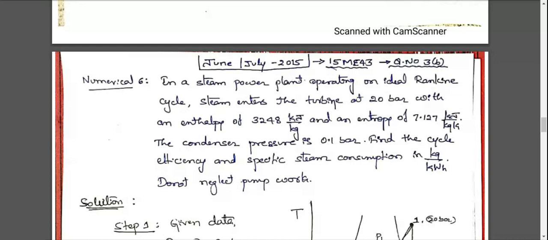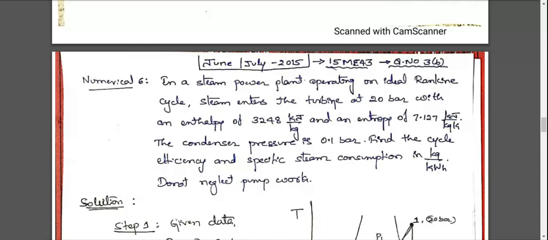So in this case, the work done by the turbine is much greater than work done on the pump, so you can sometimes neglect the pump work and calculate efficiency. But here clearly he said do not neglect the pump work. So you will calculate pump work and consider it to calculate the efficiency of the Rankine cycle.